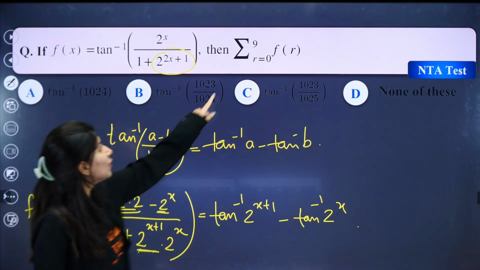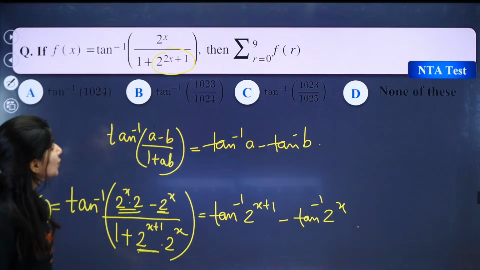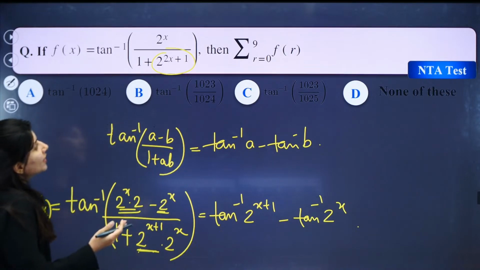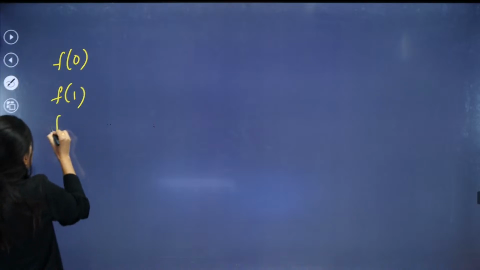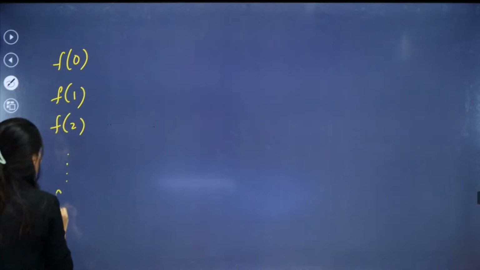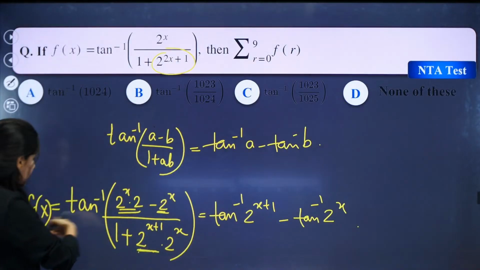What you are looking for is sigma r equals 0 to n of f of r. That's what you are looking for. So what is f of 0? You need f of 0, then f of 1, f of 2, all the way up to f of 9, and you need to add all those values. What is f of 0? Who is going to tell me?